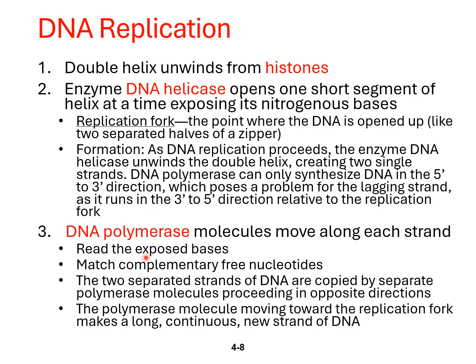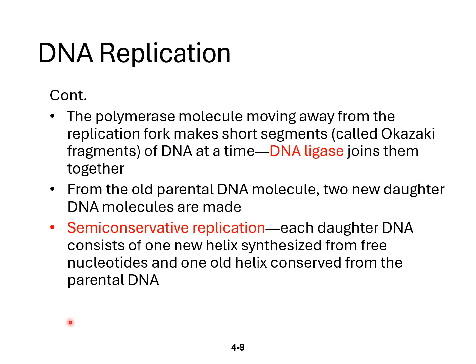So again, if it's A, it's T. If it's C, it's G. If it's a G, then it's C. And it's just going to keep moving along in one direction. It's not important for this class, but 5' to 3' is the direction it is always going to go. I'll show you what that means, and there's a good picture coming up.